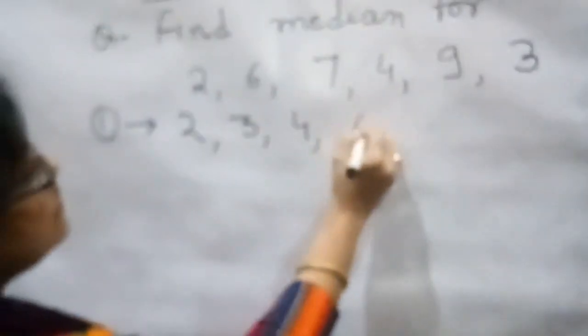For example, we have another number here, 3. Now just arrange it. First step, 2, 3, 4, 6, 7 and 9. Now count it. We have n equal to 6 data. 6 data means that it is an even number.